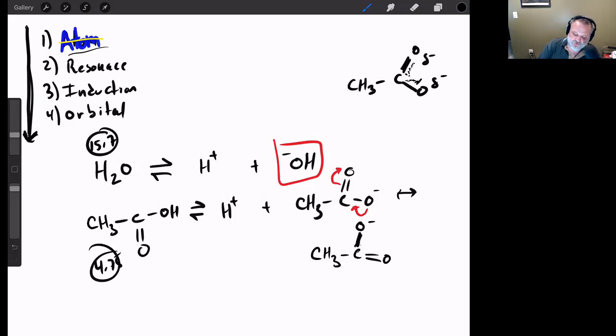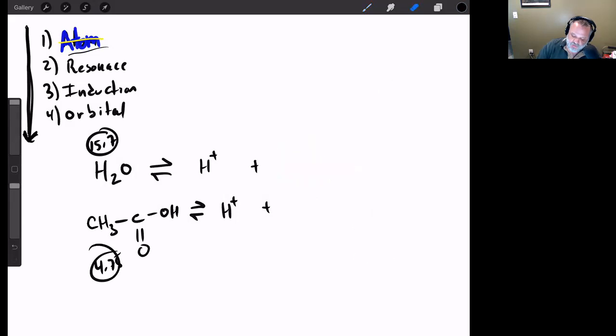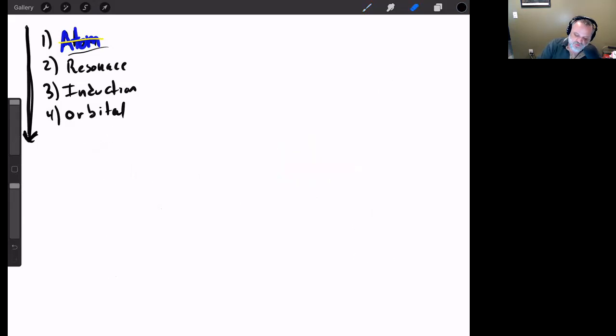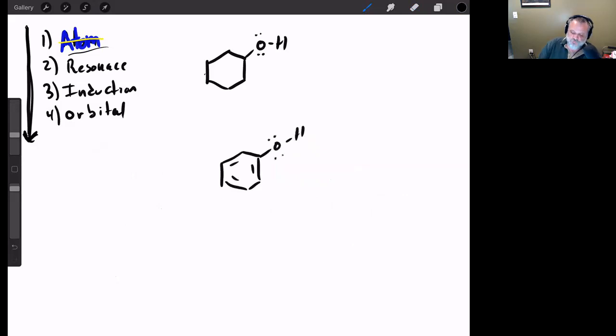Just be careful because there are going to be other considerations. So if you take a look at something like, well, what about cyclohexanol versus phenol? Which one of these is the stronger acid? Well, again, we're going to examine the conjugate base.